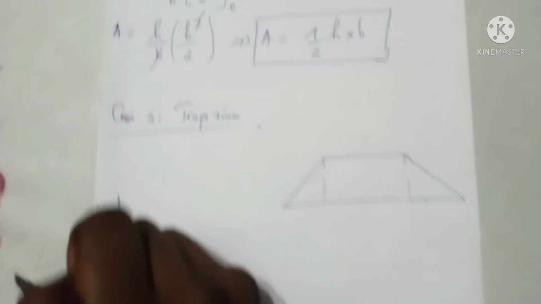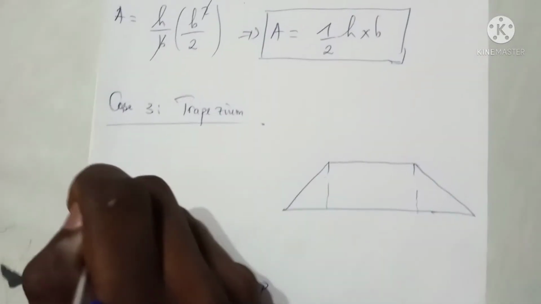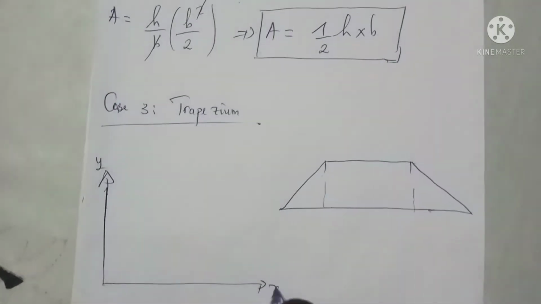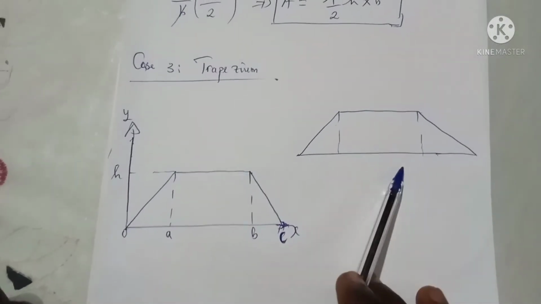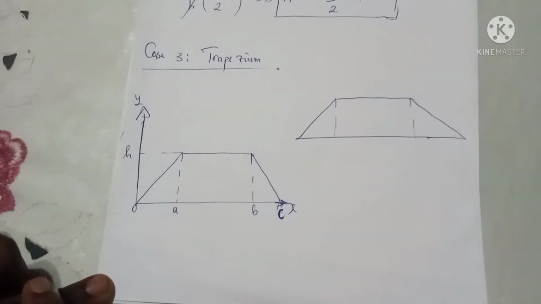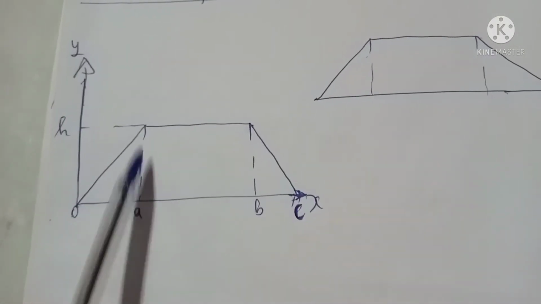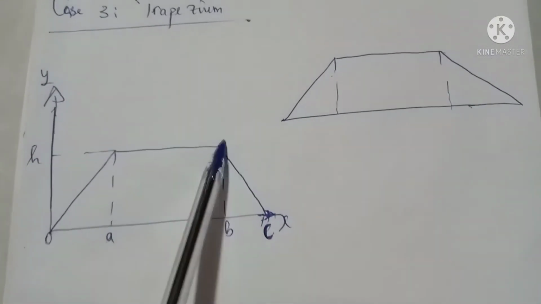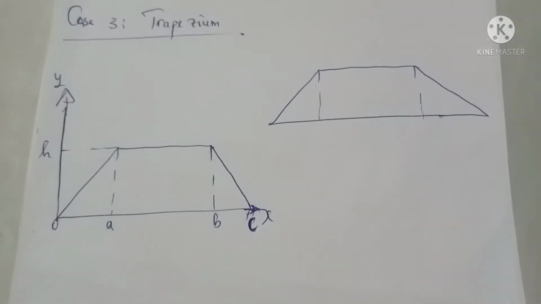So I'll just have to put it on my reference plane of y against x. Okay, as you can see, I have represented the trapezium on a reference frame. So we see the dimension 0 to a for the first triangle, a to b for the rectangle, b to c for the next triangle.